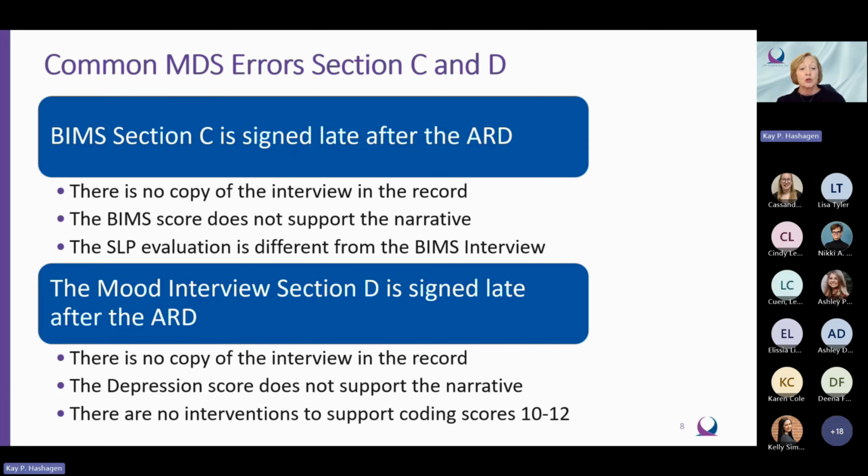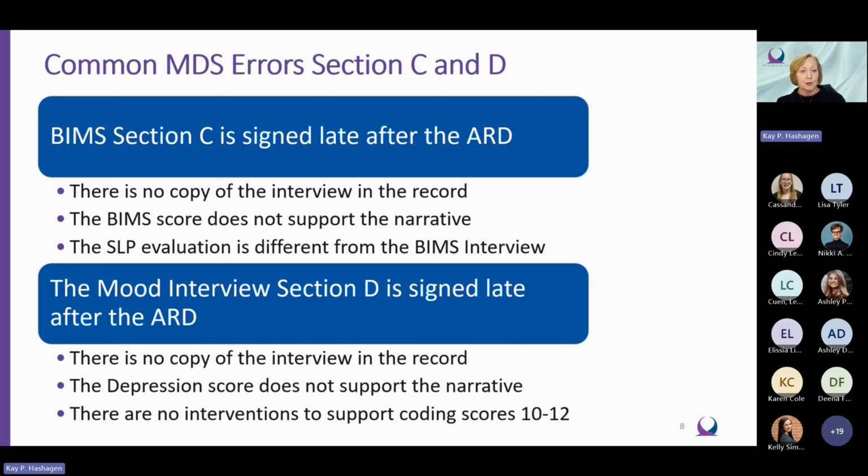So the mood interview is captured in Section D, and that's where we see depression. And again, the same thing holds true: if your MDS is signed after the assessment reference date, then that would not be counted if you had a high score and you were getting that actual depression extra bump up in your reimbursement.